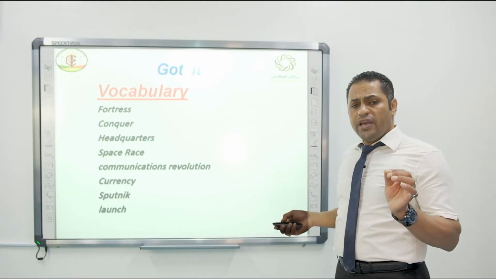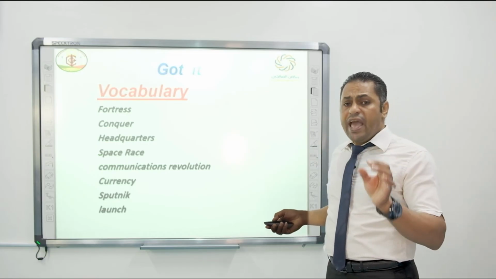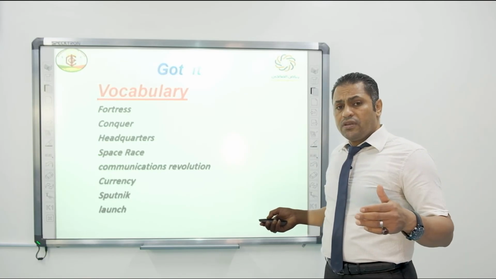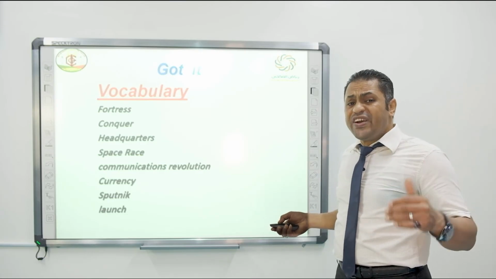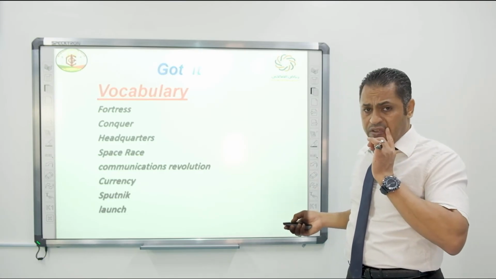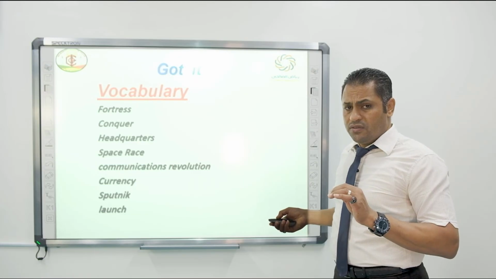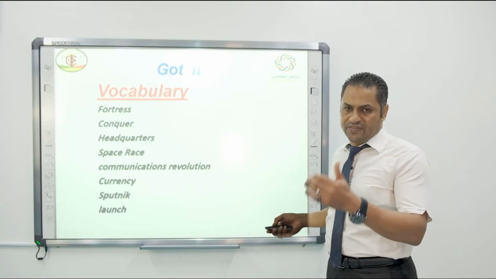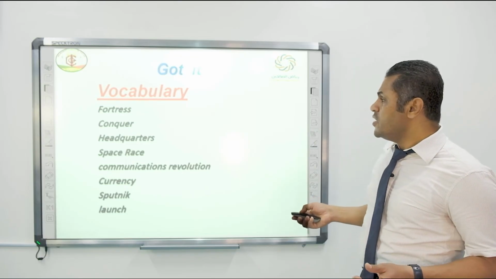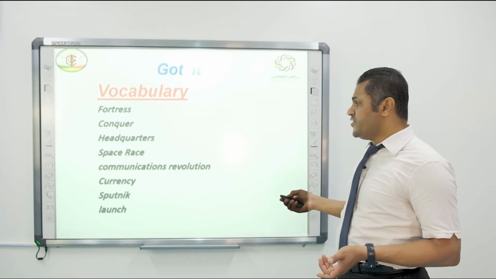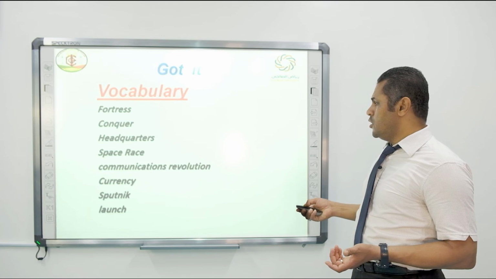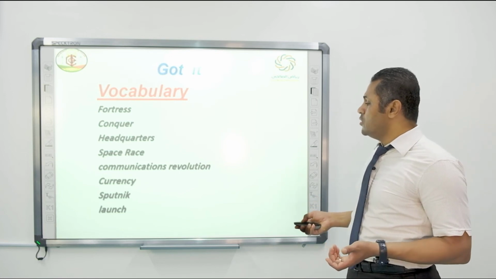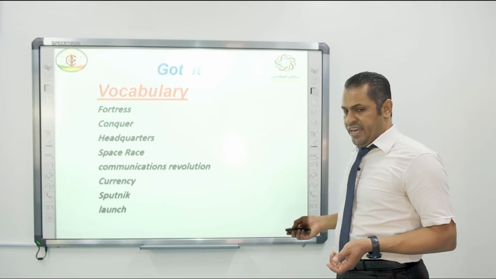Sputnik is a satellite, the name given to the first satellite of the Soviet Union. Launch. Launch means to set up or to begin something. So, our vocab today: fortress, conquer, headquarters, space race, communication revolution, currency, Sputnik, and launch.